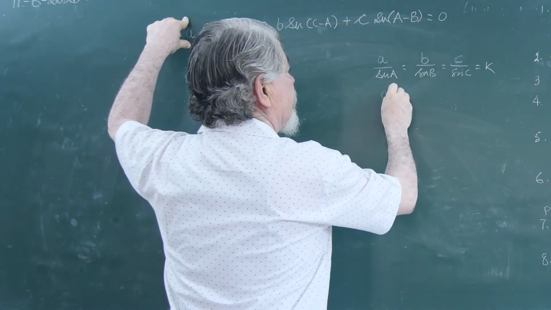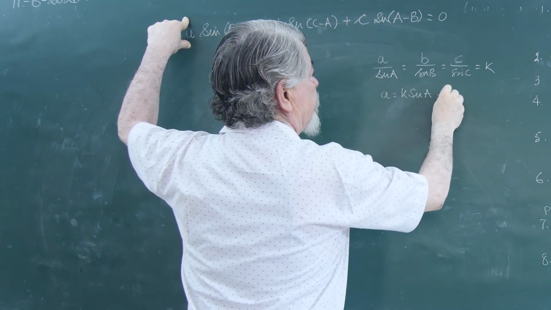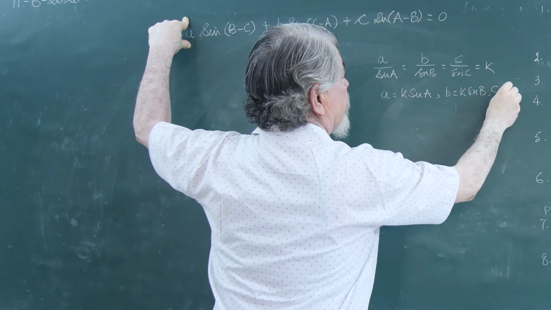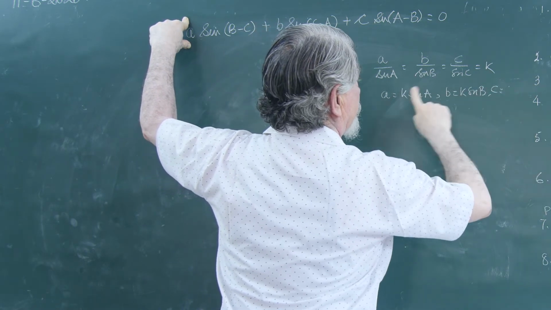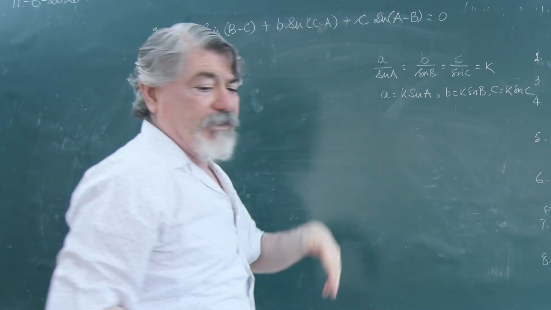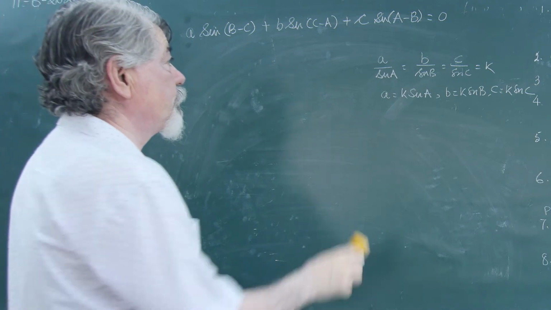So a can be k sine a, b can be k sine b, and c will be k sine c. So I can put these values k sine a, k sine b and k sine c in this. Let us put these values.